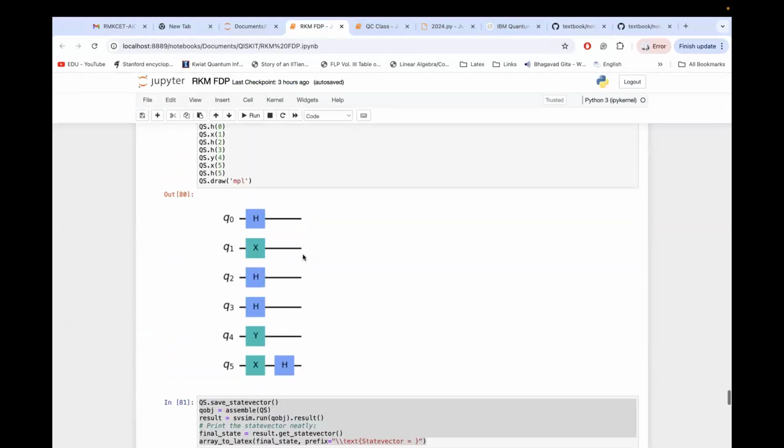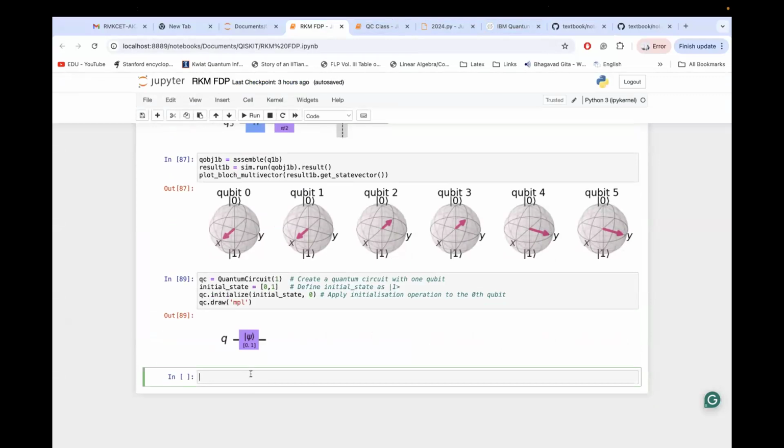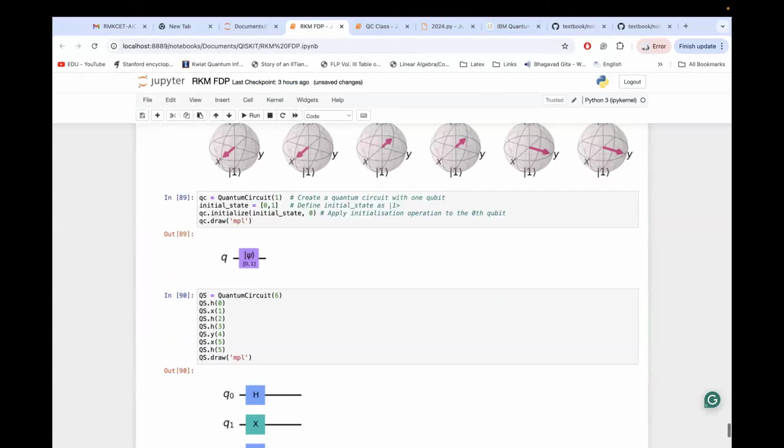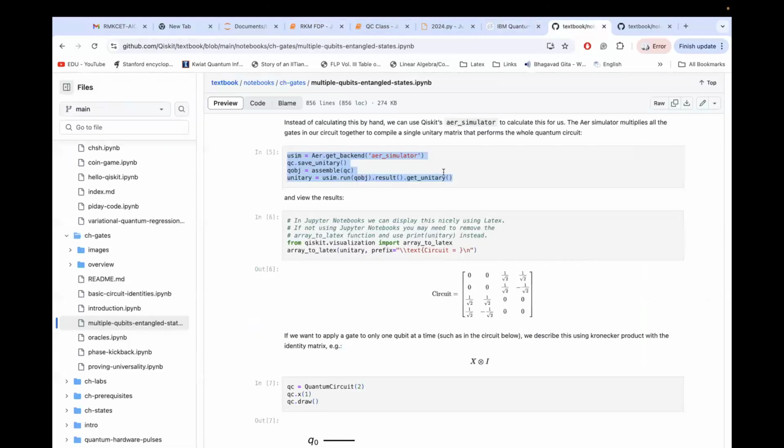let's see, for this circuit QS, so this is the circuit, and we will use this array to LaTeX command.